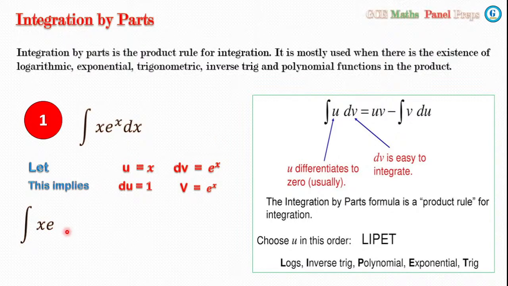So our integral now becomes, applying the formula, x e to the power x dx. Our u is x, our v is e to the power x, minus the integral of v, our v is e to the power x, and our du is 1 dx.